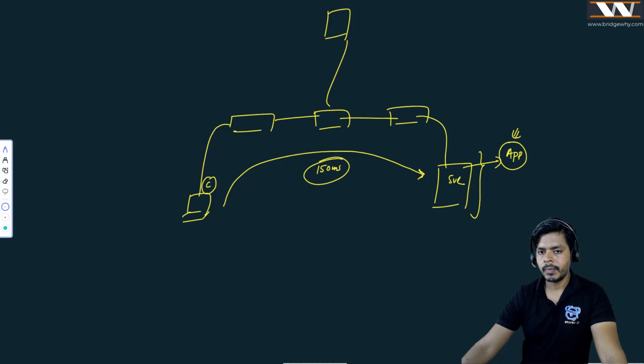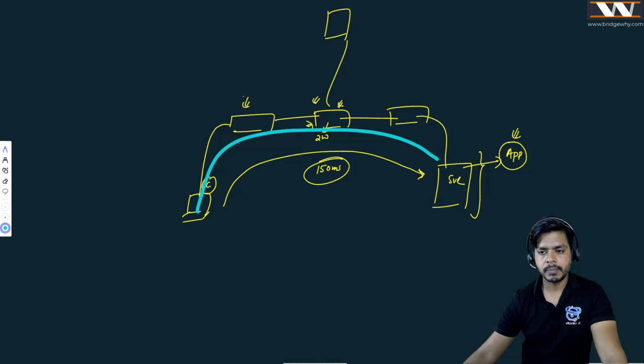But you have created a network such that this is a bottleneck. This guy takes a lot of time in processing the packet. Maybe this guy takes more than 200 milliseconds, right? And if the client wants to reach the server, this application is going to fail because it has a minimum requirement of 150 milliseconds.